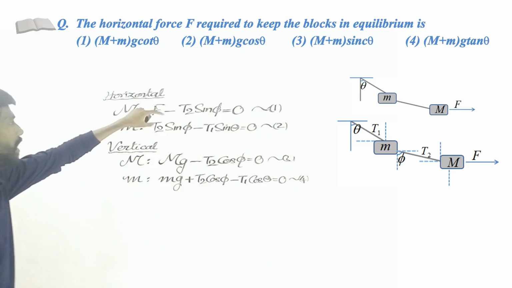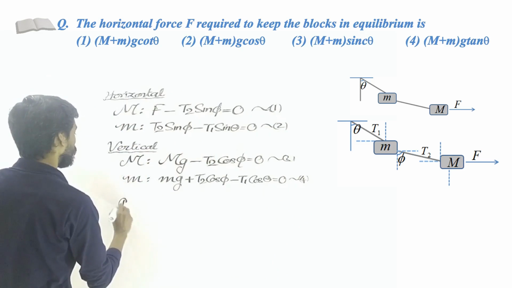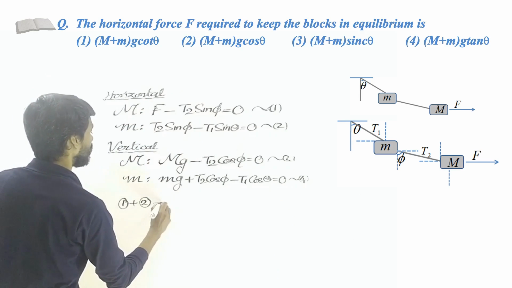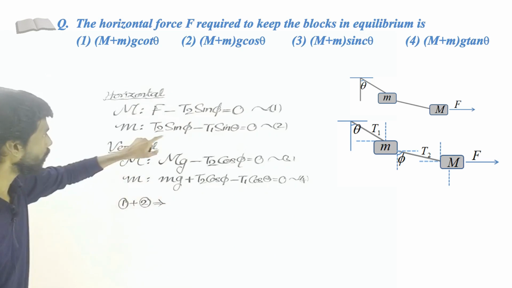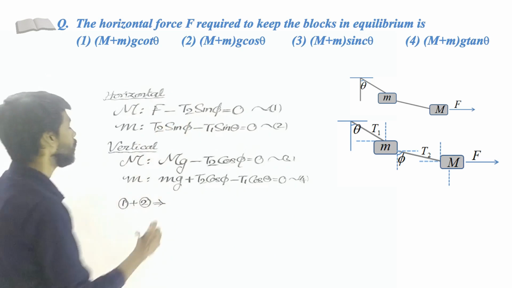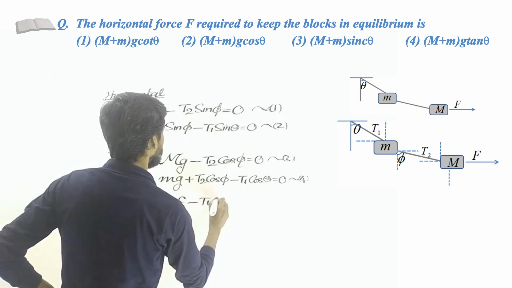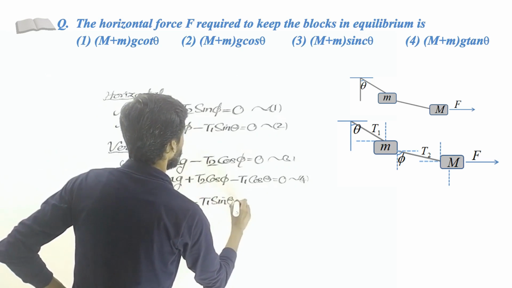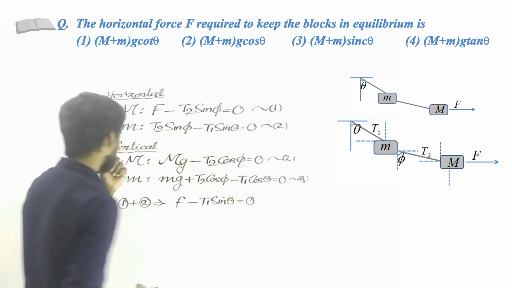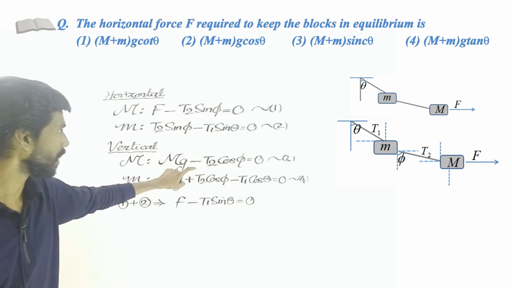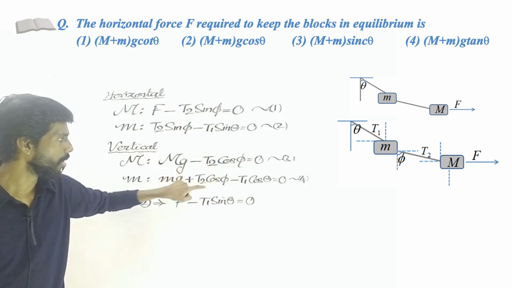So first, shall we add these two equations? If you add the first equation and second equation, we'll get T2 sin phi, T2 sin phi, so that gets cancelled. So we get F minus T1 sin theta equals 0. So that is one thing. Similarly, these two equations again we can add, because minus T2 cos phi plus T2 cos phi.